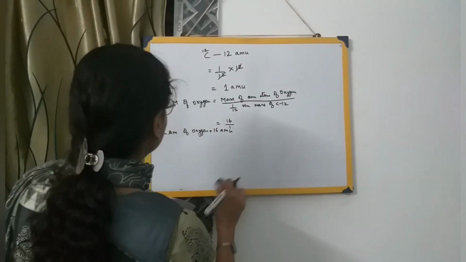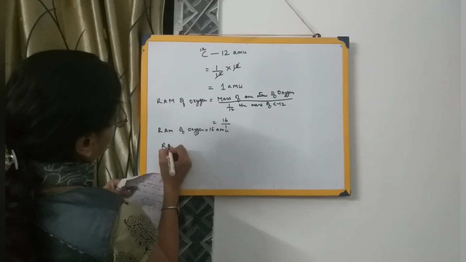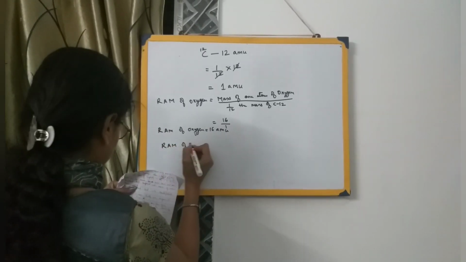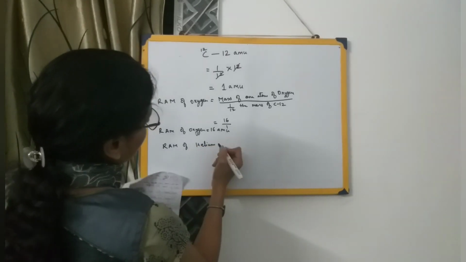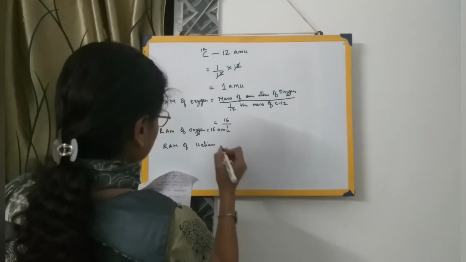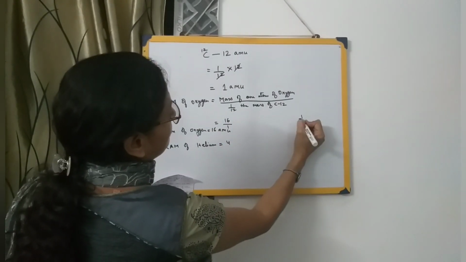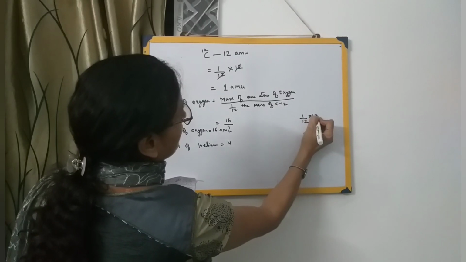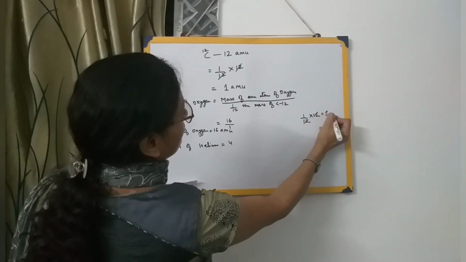Similarly, relative atomic mass of helium. We know atomic mass of helium is 4, so that will be 4 upon this 1 by 12th of carbon 12, that is 1 by 12 into 12. So that is how much? That is 1 AMU.